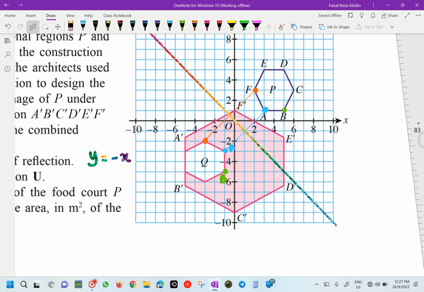Okay. So over here, class, first you have your reflection. This one is going to be our AB, and it is also AB here.